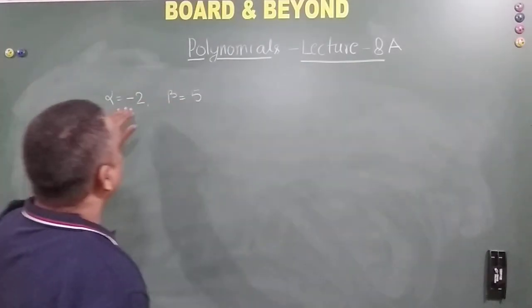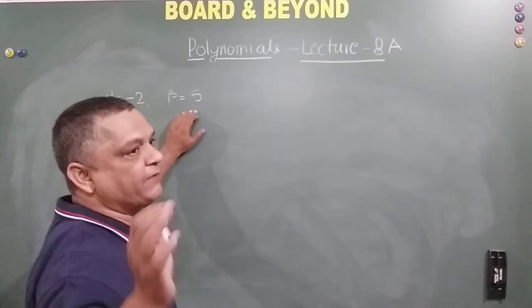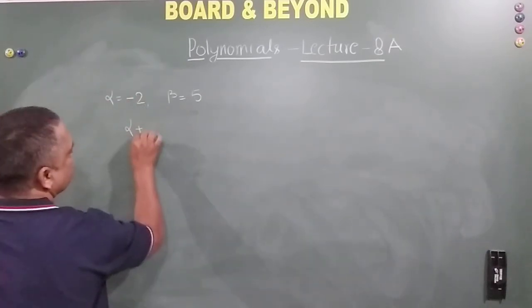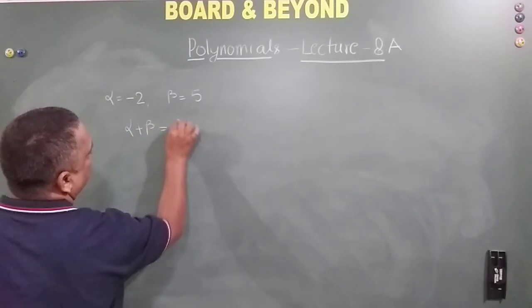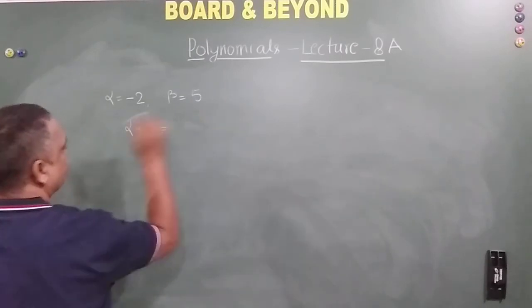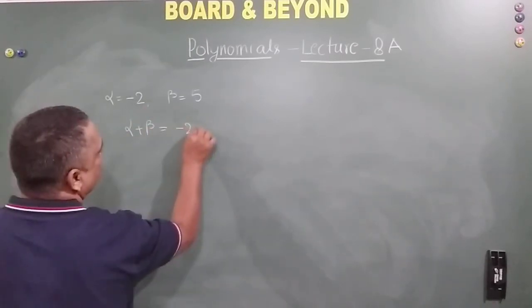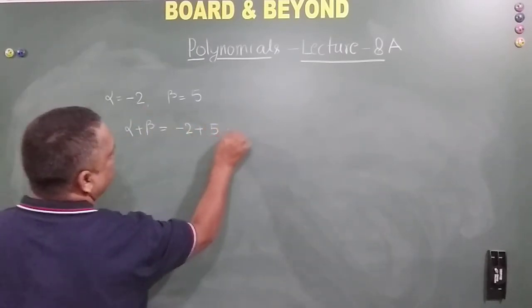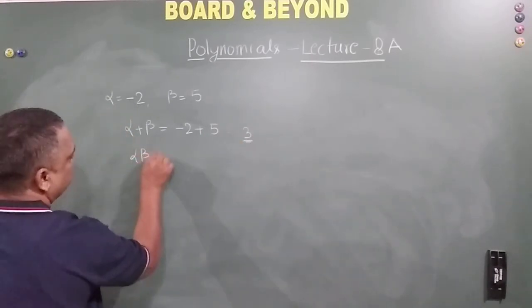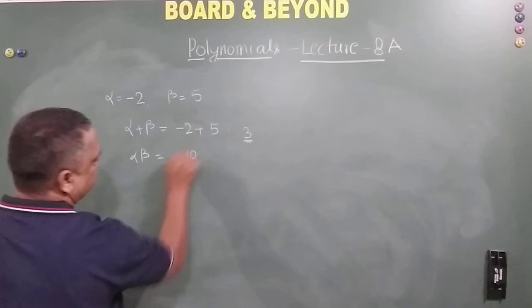So if these are the roots, let us find the first quadratic polynomial, right? So what happens? Alpha plus beta is how much, my friends? Minus b by a. Sorry, because we have not found that out. So this is equal to minus 2 plus 5, that is equal to 3. Alpha beta is equal to minus 10.